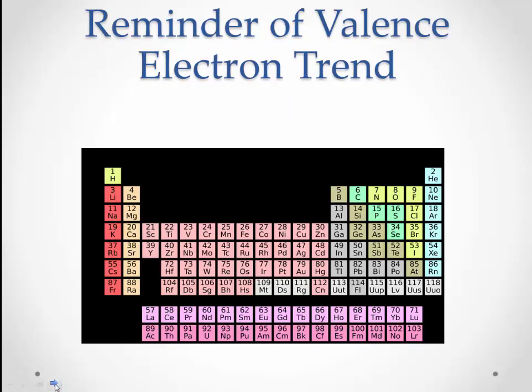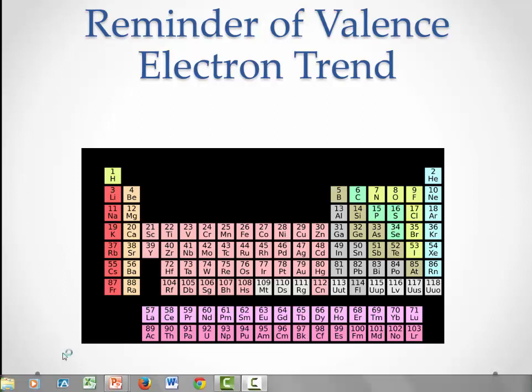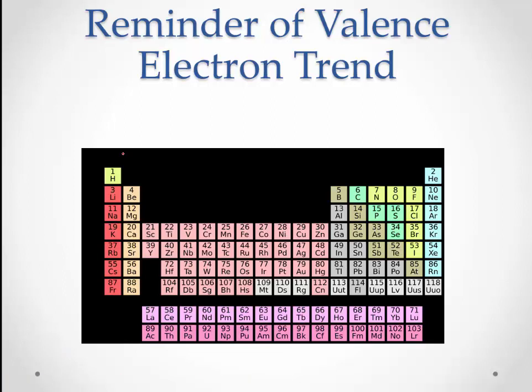So real quick, I just want to remind you about how many valence electrons different elements have and what the trend is on the periodic table. So the first column, the alkali metals, always end in S1, so they have one valence electron. The second column here has two, they always end in S2.